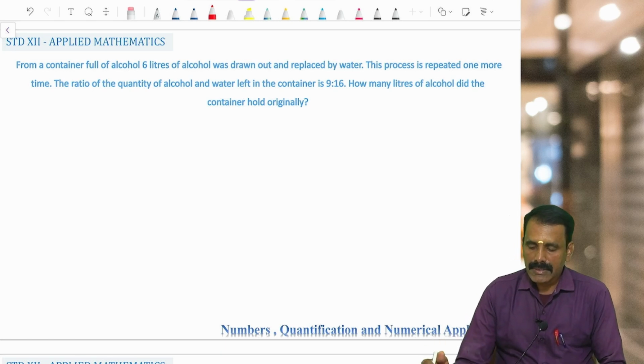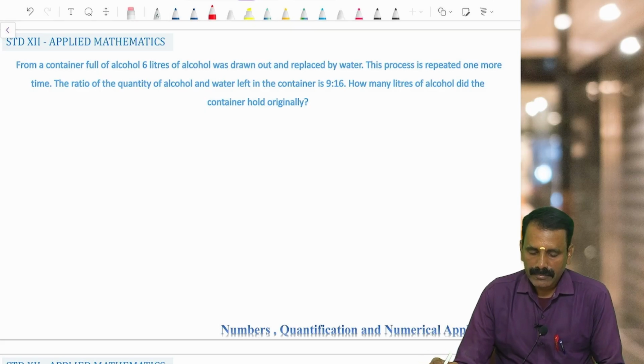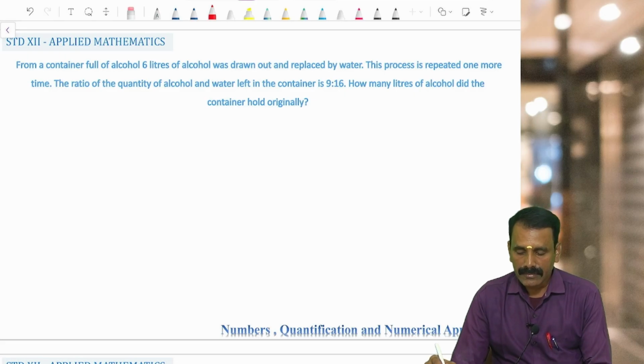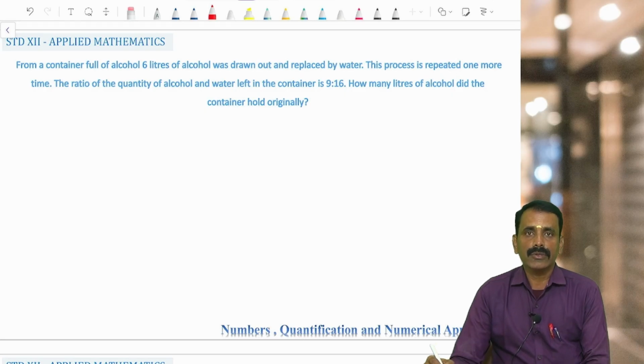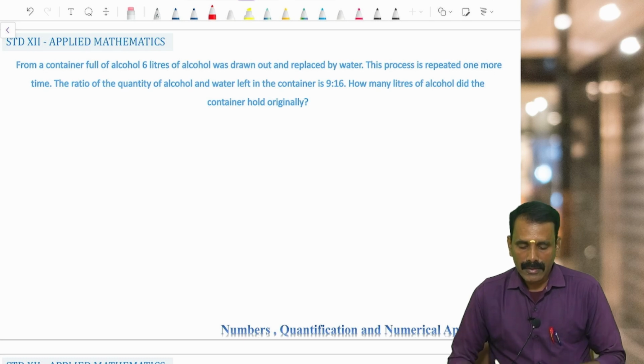In this process of replacing alcohol with water, repeated one more time, then the ratio of the quantity of alcohol and water left in the container is 9:16. We are supposed to find how many liters of alcohol did the container hold originally. So initially how much of liquor or alcohol we add, that we are supposed to find out.